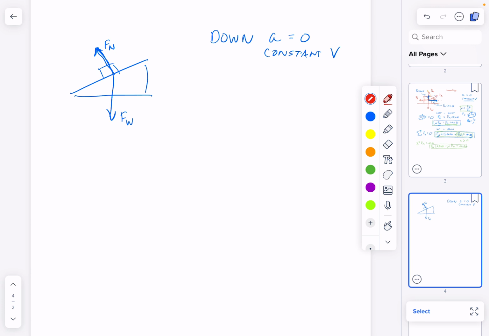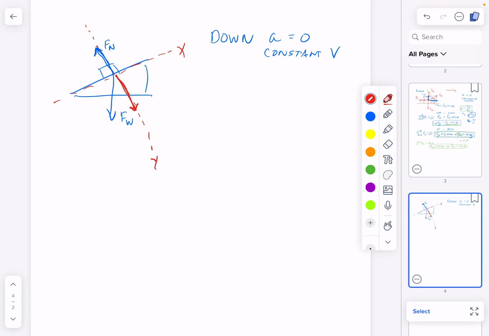Well, once again, we always resolve vectors not acting along the xy. And so we're just going to shift the axes a little bit. There's my y-axis. There's my x-axis. And so I'm going to resolve my weight vector.